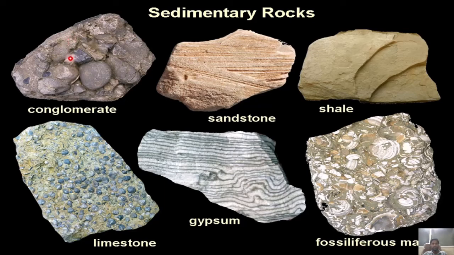This is called conglomerate sedimentary rock. Sandstone is very aesthetic in exterior views and all. Then shale, then you have limestone, gypsum, fossiliferous, marl, etc. These are the sedimentary rocks.